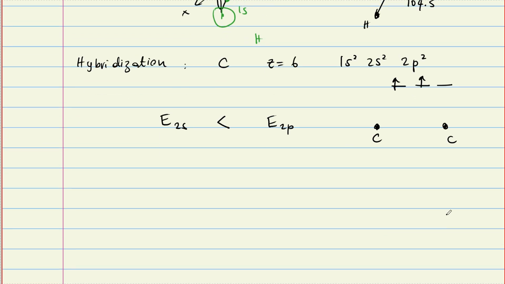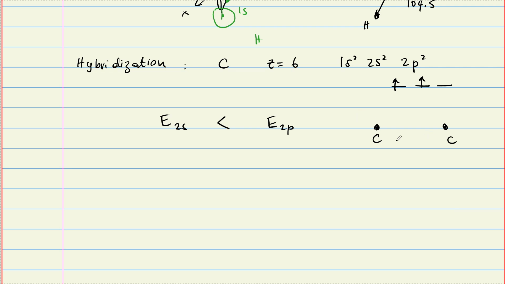Because of the presence of other atoms, it can also be hydrogen, these 2s and 2p are going to be roughly degenerate. Due to other atoms, E2s is going to be roughly E2p. And if they have roughly the same energy, they have an opportunity to hybridize.